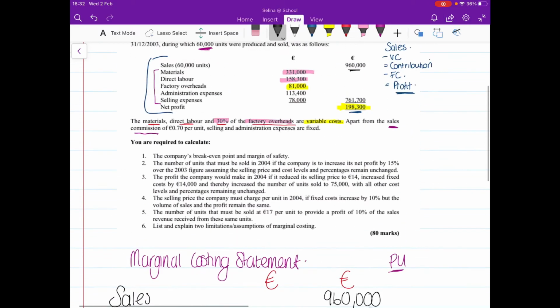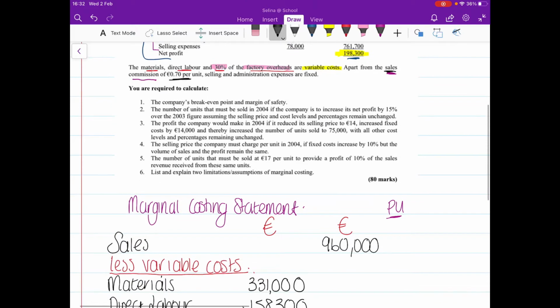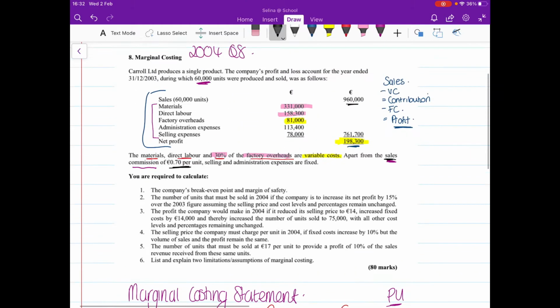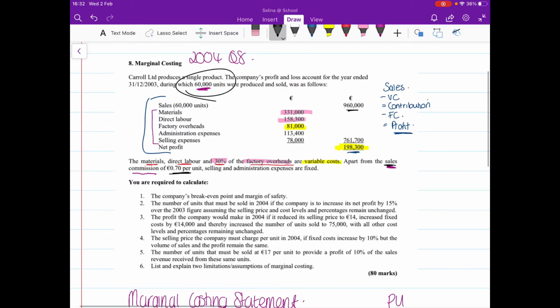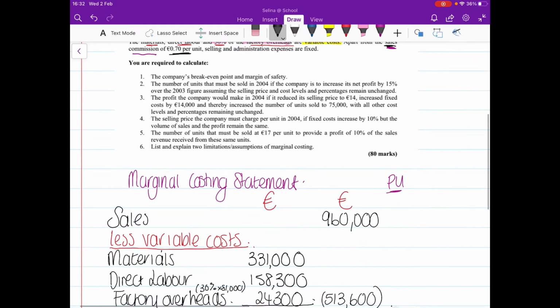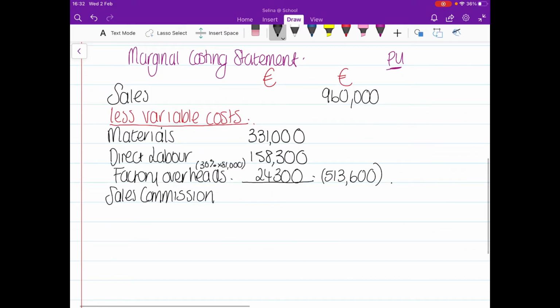It says here, apart from the sales commission of 70 cents per unit, the selling and admin expenses are fixed. So that means the sales commission is variable. It's 70 cent per unit, and we know that we're doing this question based on 60,000 units. So my sales commission is going to be 0.70 by 60,000, and that works out at €42,000.